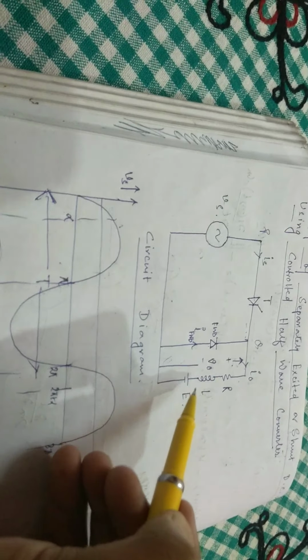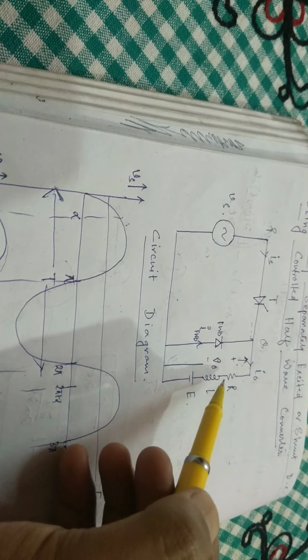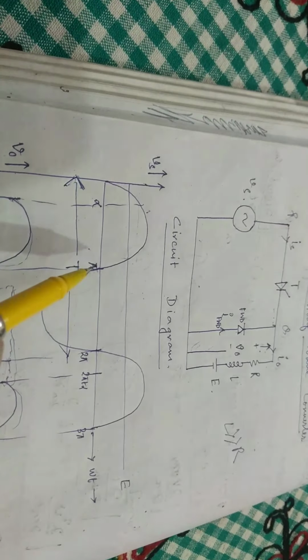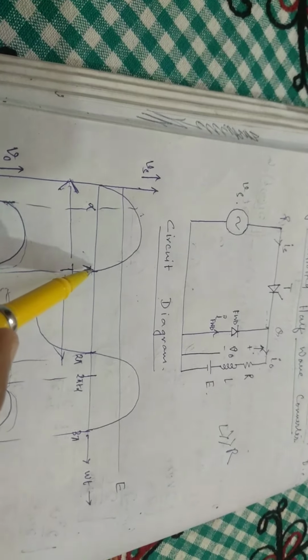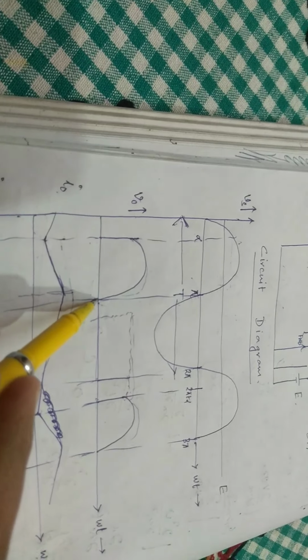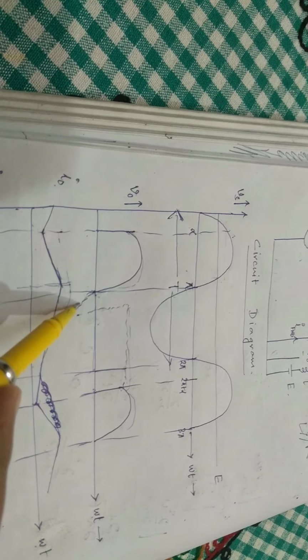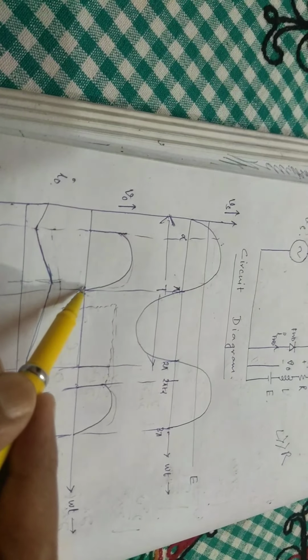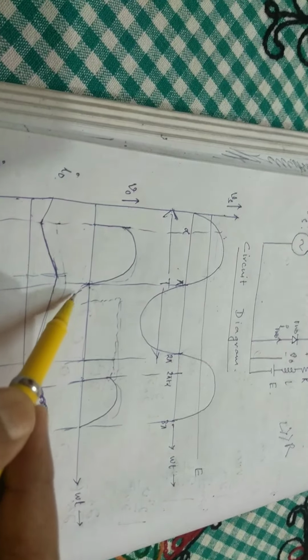Now because of the high inductance in the output circuit, that is L is much greater than R, this output voltage waveform should have gone negative. That is, the output voltage waveform should have followed this, right?